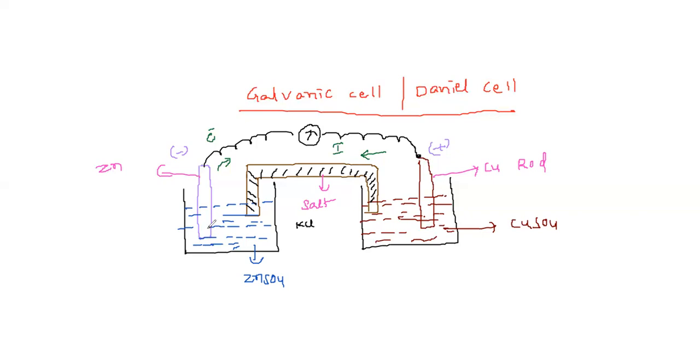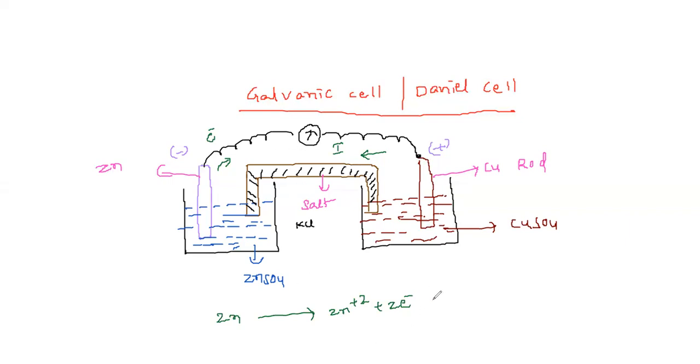Whenever it is a zinc rod, zinc always acts as an anode. Anode means zinc: Zn gives Zn2+ plus 2 electrons. These 2 electrons pass from left to right through the galvanometer. The galvanometer shows the signal of the movement of the electrons.